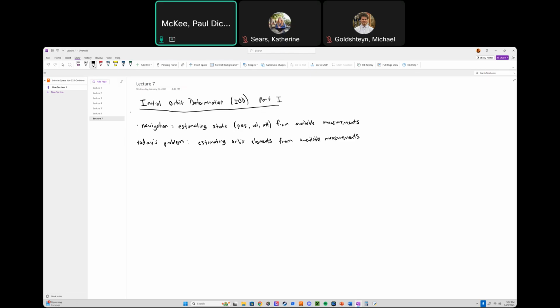But remember that orbit elements is position and velocity. So it's really estimating full state from several partial states.